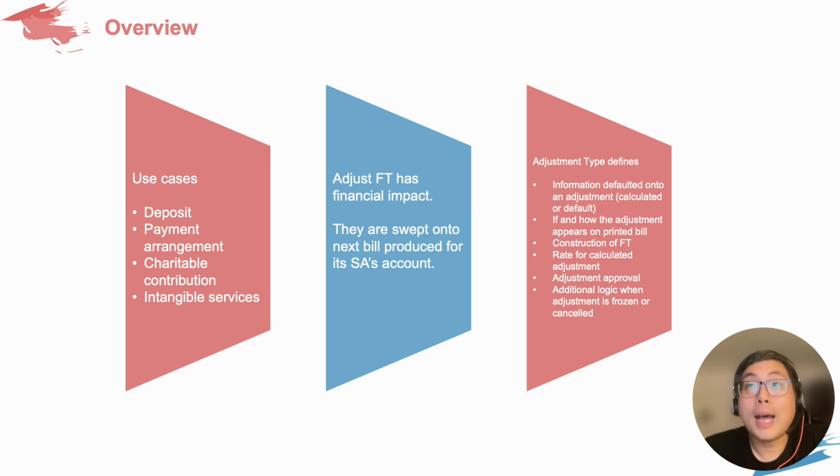And the last one is adjustment. Adjustment also has financial impact. So over here, when we look at the use case, these are some examples. It could be deposit, payment arrangements, charity contribution, intangible service.